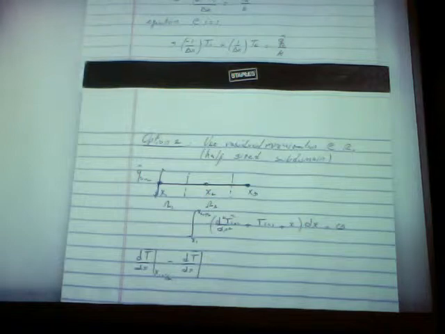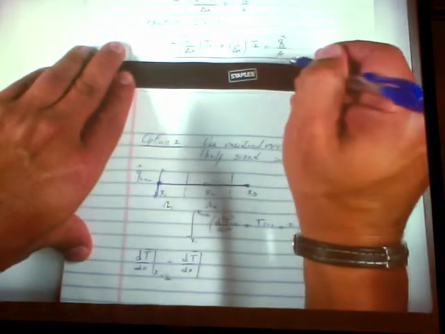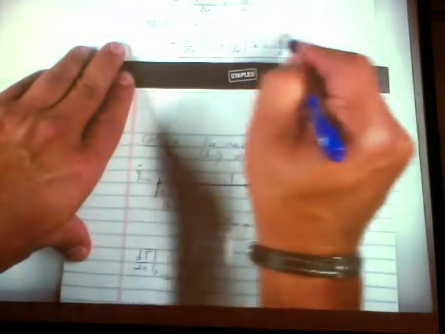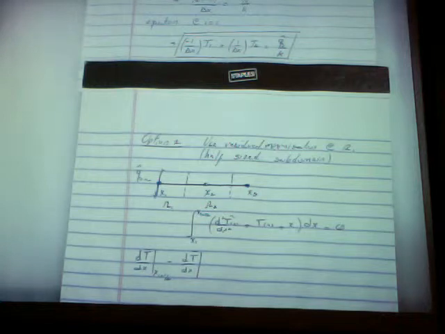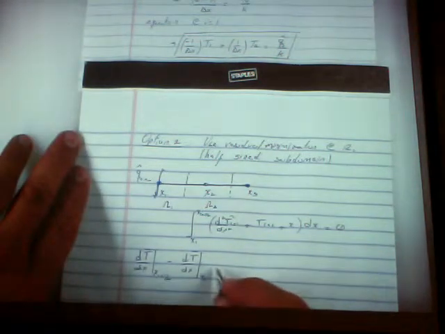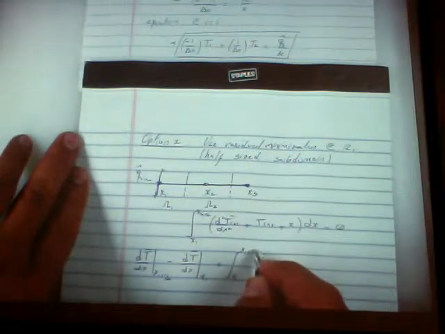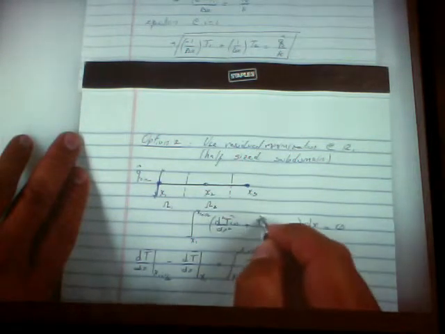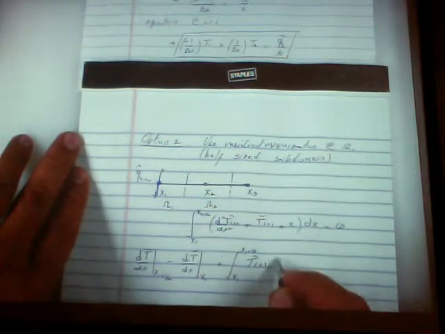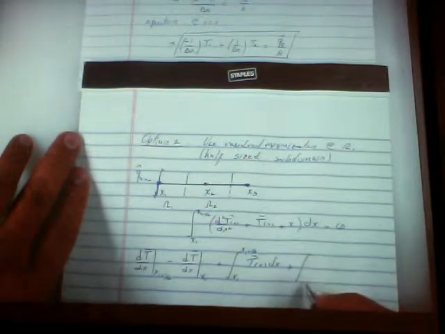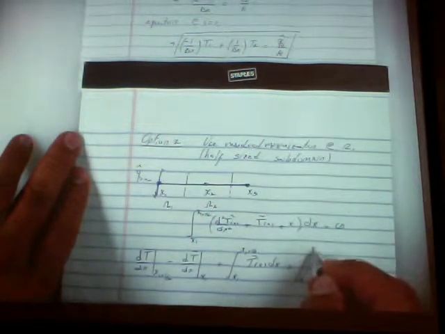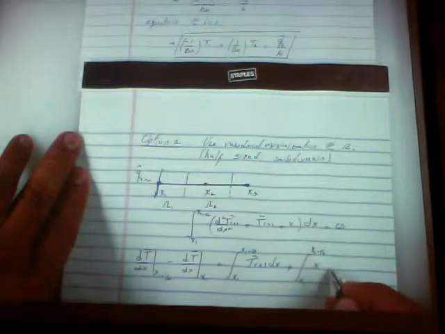That's the condition, dT/dx is Q0 over k. That's the equation that results. This is at x1, plus the integral from x1 to x1 plus a half of T dx, plus the integral from x1 to x1 plus a half of x dx is equal to 0.